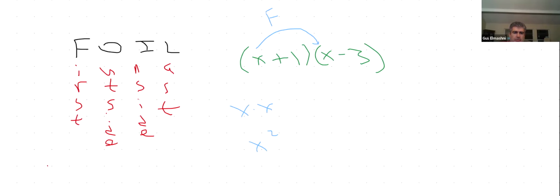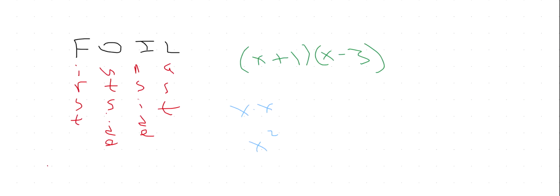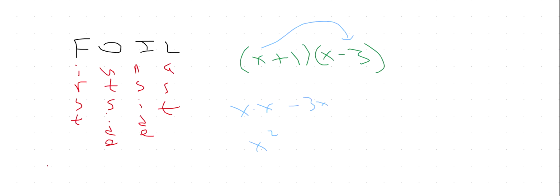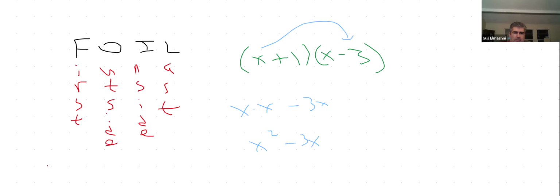Then you do the outside part, which is negative 3x. Then you do the inside, which is 1 times x, which is positive x.